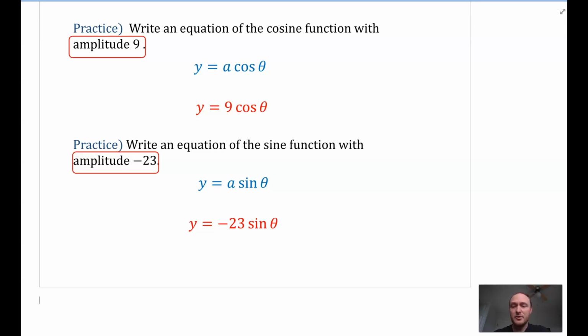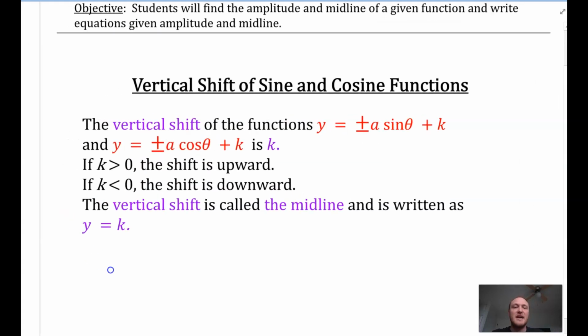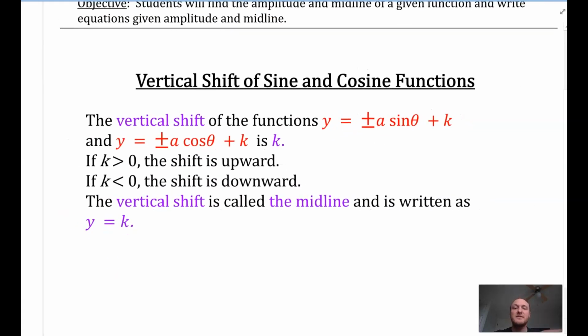All right, so now let's go ahead and weave in the new material that I kind of alluded to, and that is adding in a vertical shift, a k value. So here is the general function: y equals plus or minus a sine theta plus k. And this plus k is your vertical shift.